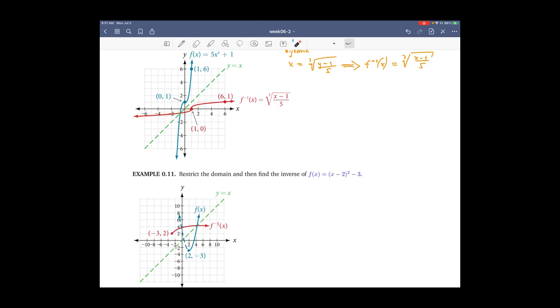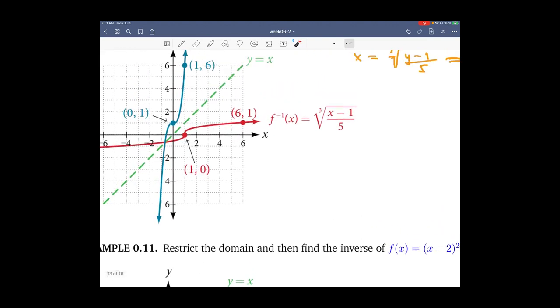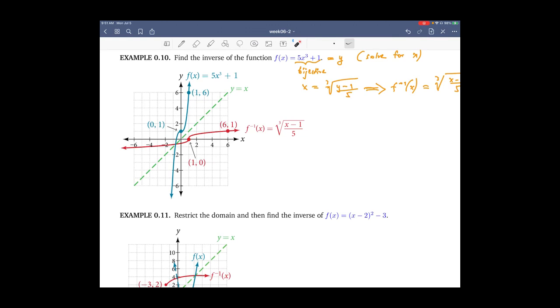Indeed, the two graphs are symmetric about the line y equals x. There's a point where they intersect. I don't know what that point is, but the point where they intersect is necessarily the point where all three, the two graphs and y equals x, intersect. The two graphs can't intersect at a point that doesn't lie on y equals x because of the symmetry condition.